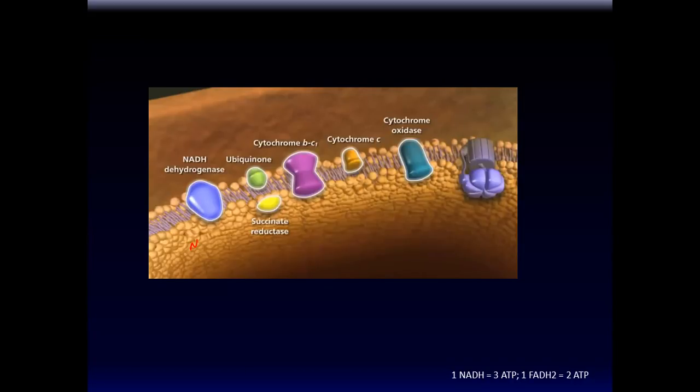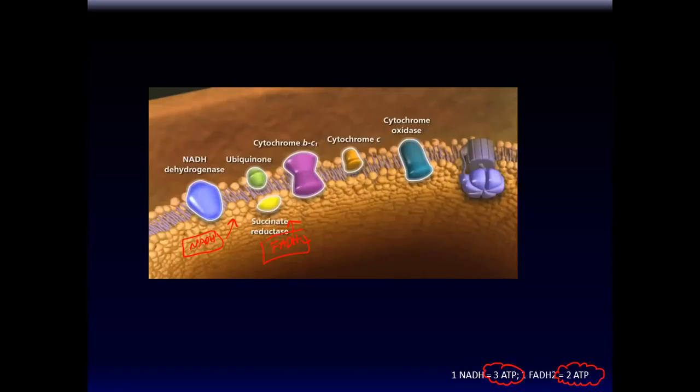The NADH plus H plus is going to give its electrons over here, and the FADH2 is also going to come here and donate its electrons there. For every one NADH that goes to the electron transport chain, the math works out to 3 ATPs, and for every one FADH2 that donates its electrons to the electron transport chain, 2 ATPs are produced.